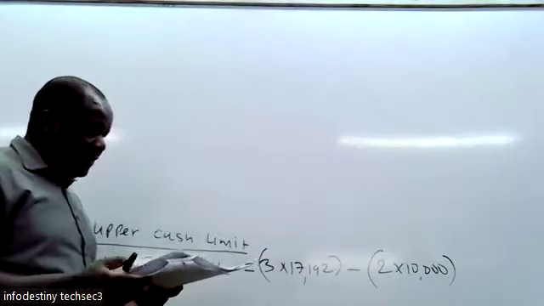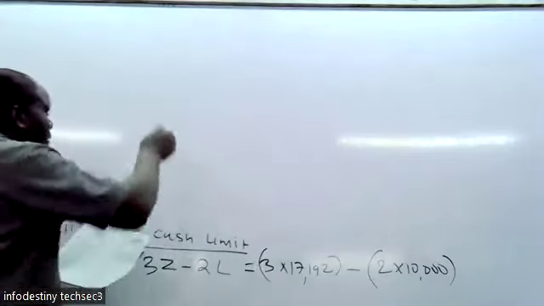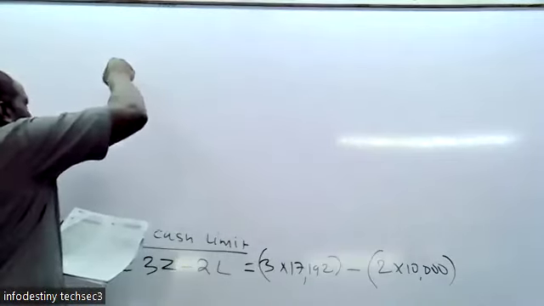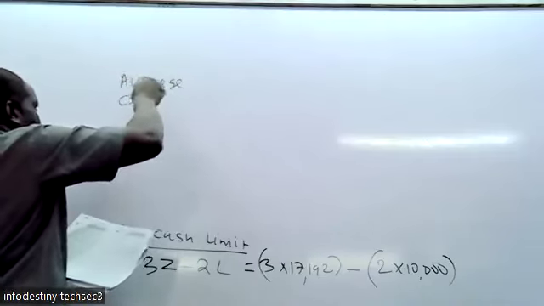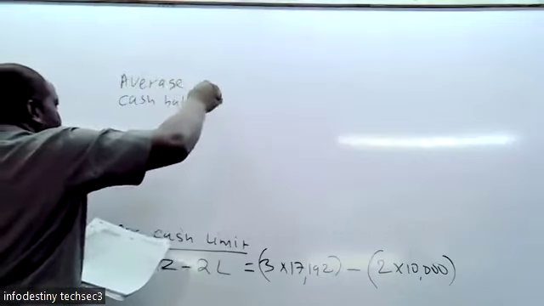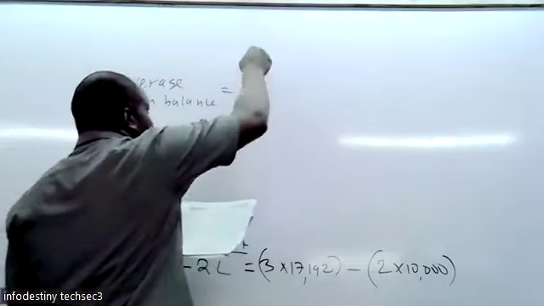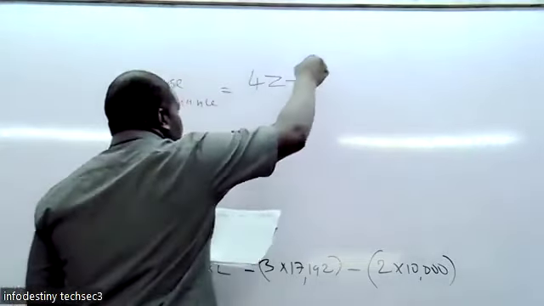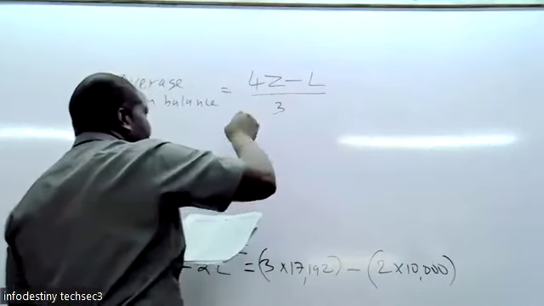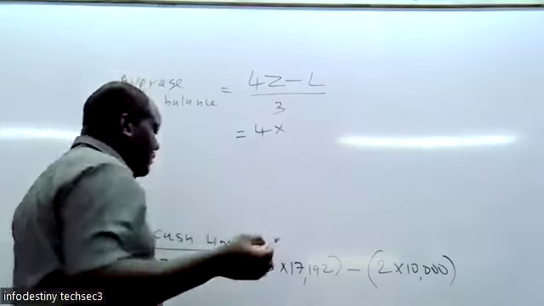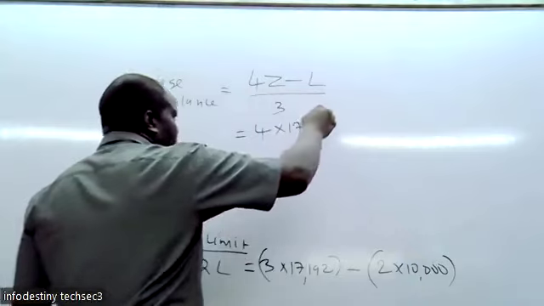So Roman letter 3, to get the average cash balance, it is Z minus L divided by 3. So Z was 17,192.